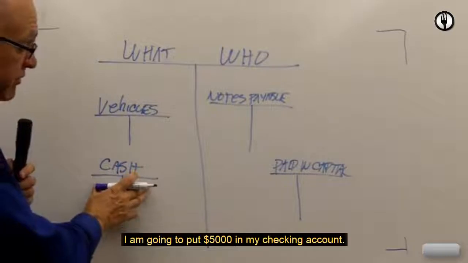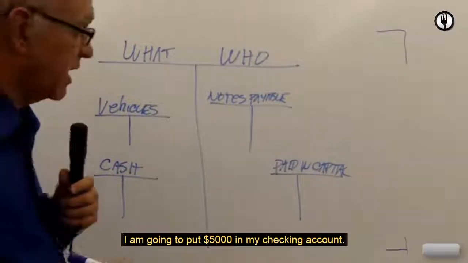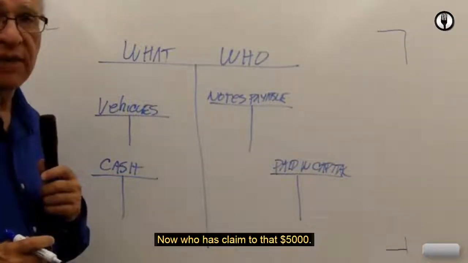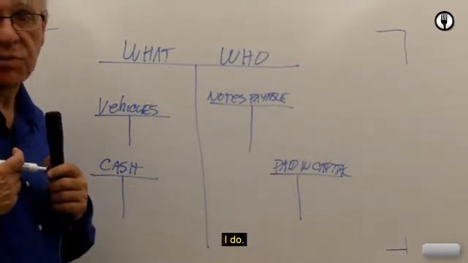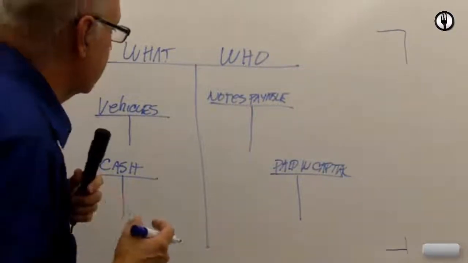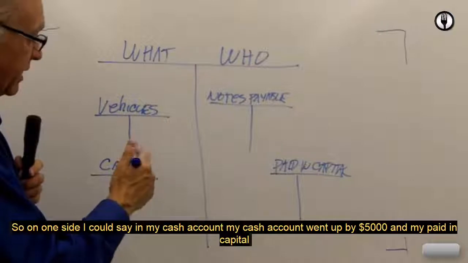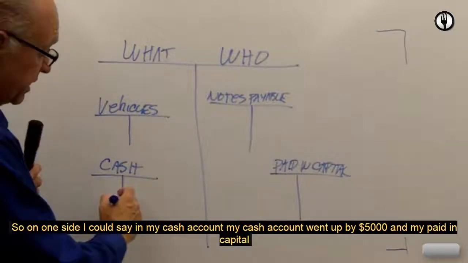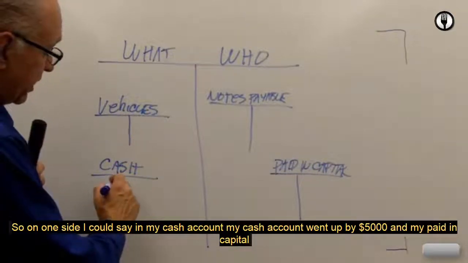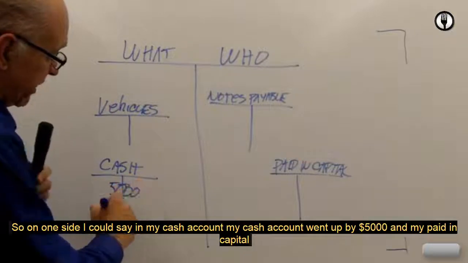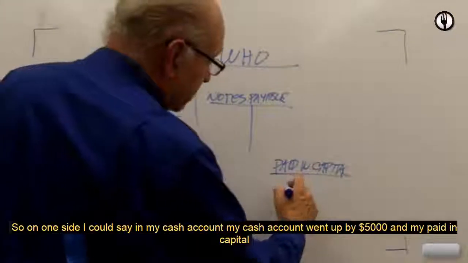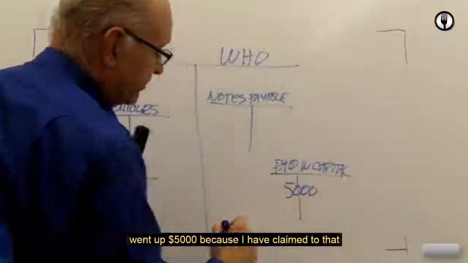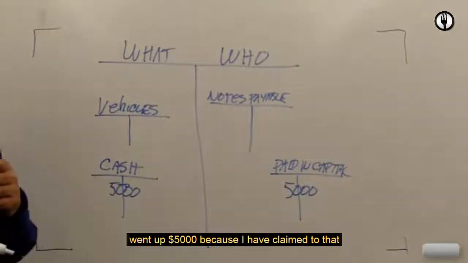I am going to put $5,000 in my checking account. Now, who has claim to that $5,000? I do. It's paid-in capital. So on one side, my cash account went up by $5,000, and my paid-in capital went up $5,000 because I have claim to that.